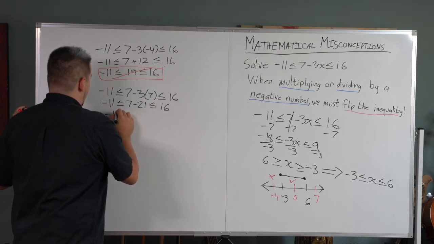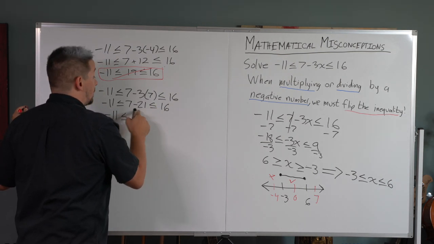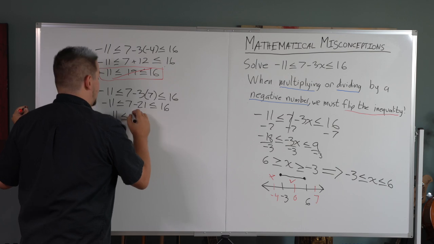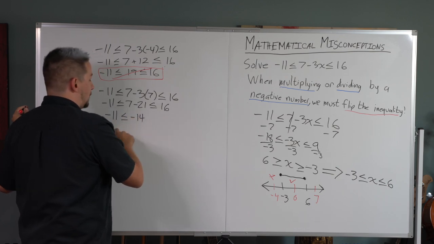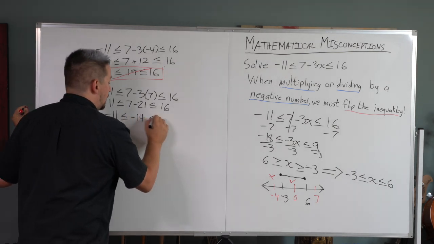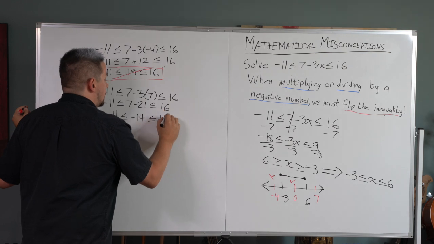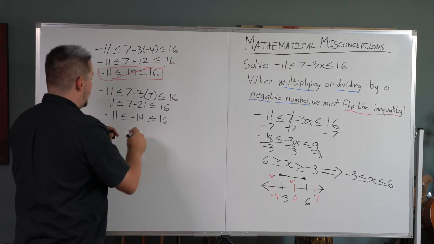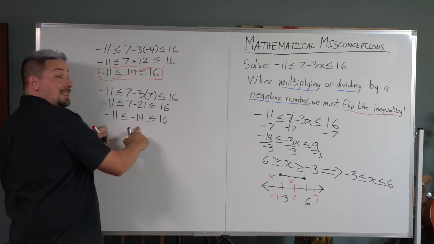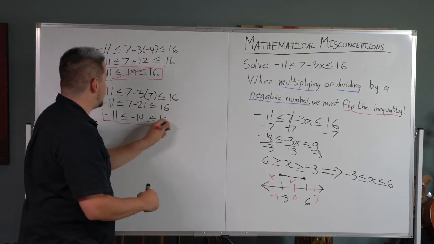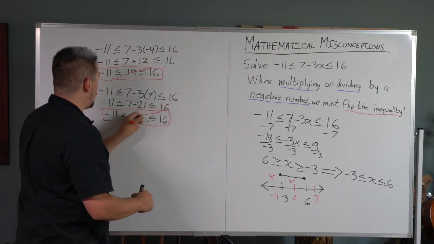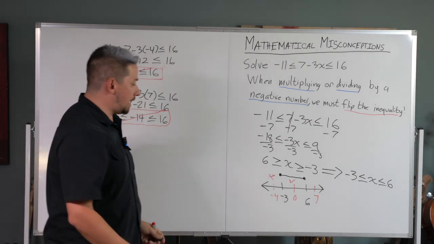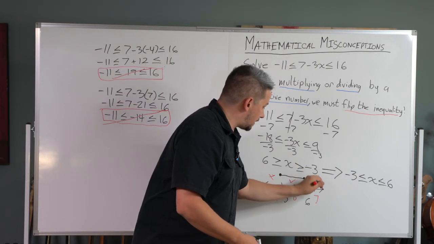And then finally, negative 11 is less than or equal to 7 minus 21, which is negative 14. This part is already completely untrue. So every link in the chain has to work, right? This link might work, but this link does not. So we say that this chain is utterly broken. Break that chain, right? And we say that this doesn't work.